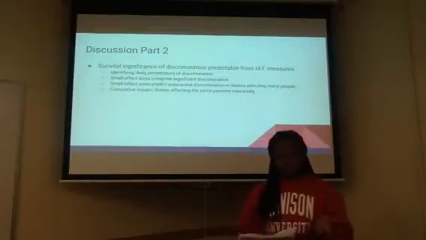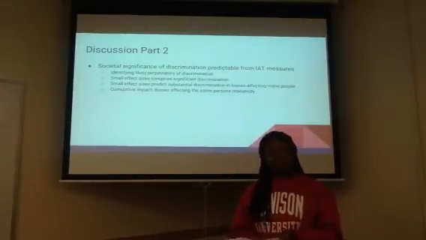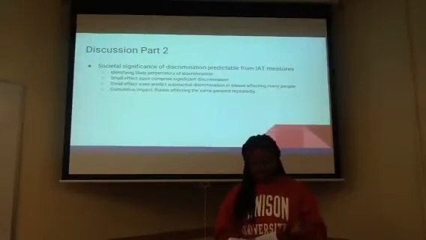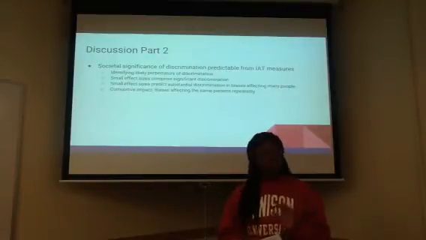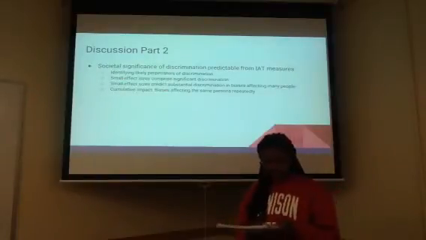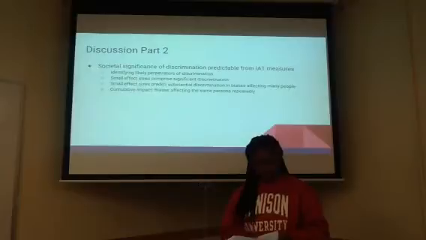And the small effect sizes comprise significant discrimination. And it was even noted that US courts in 1960s have used statistical criterion of discrimination that translates to correlational effect sizes that are often smaller than R equaling 0.10. Smaller effect sizes also predict substantial discrimination and biases affecting many people.